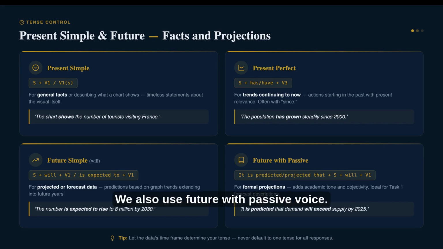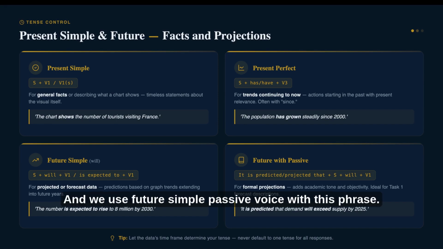We also use future with passive voice. It could be future simple passive voice. So we have this formula of phrases: it is predicted or projected that, followed by subject, followed by will and base form verb, or verb 1 column.